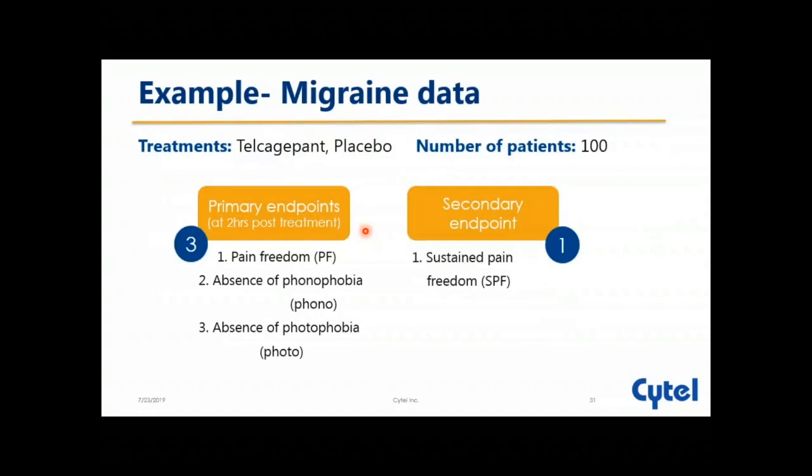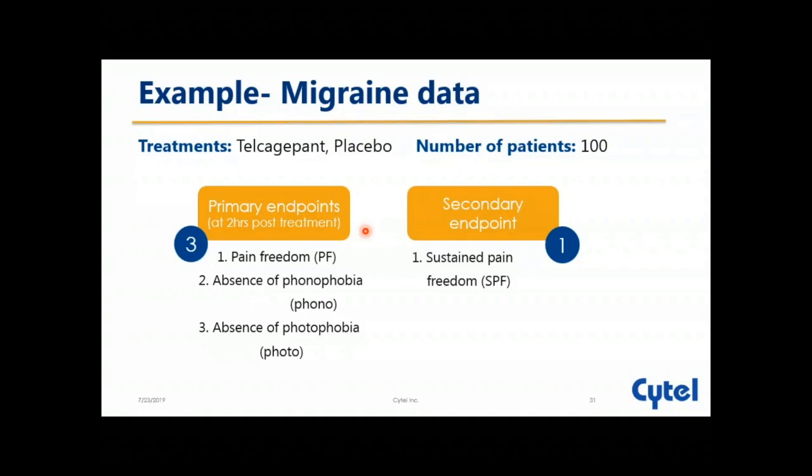Here I have considered an example, call it migraine data. Here the treatments are, one is placebo and telcagepant is the treatment of interest. Here number of patients are 100. There are total 4 endpoints, out of which 3 are primary endpoints.